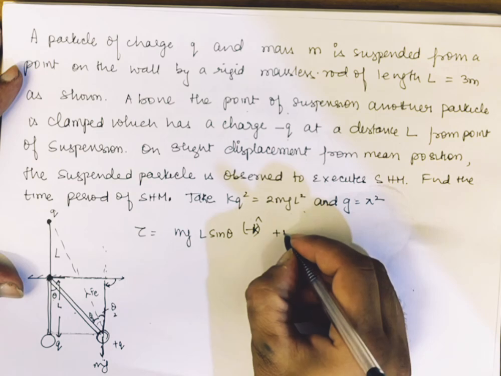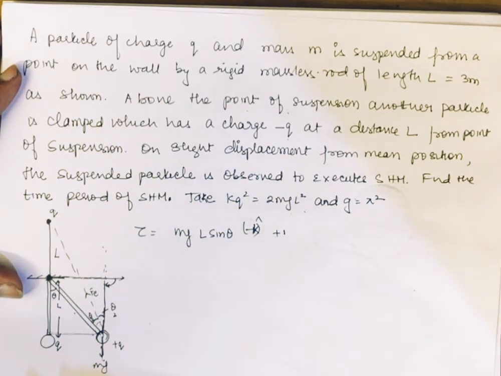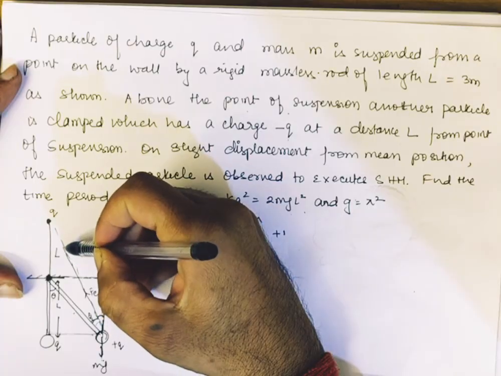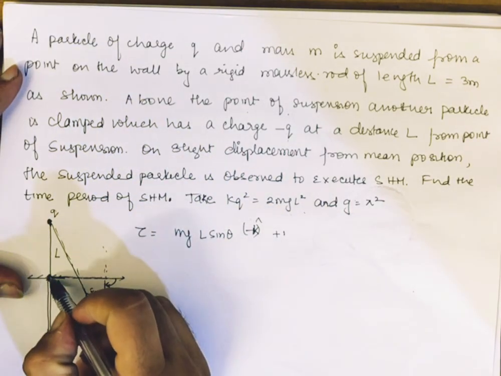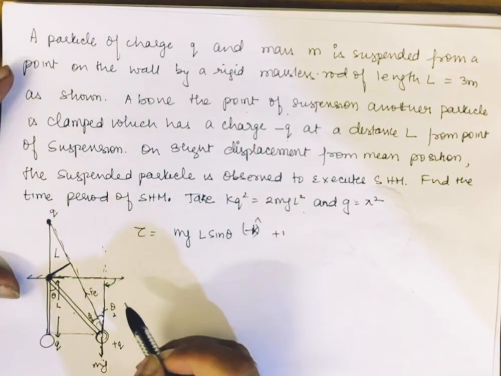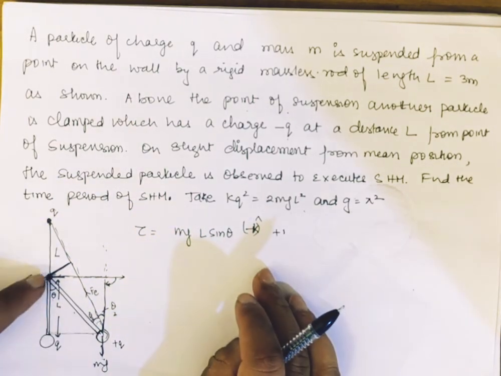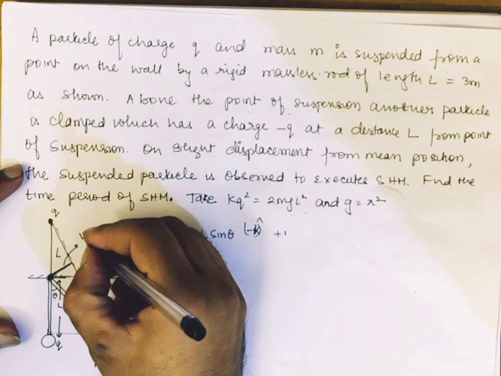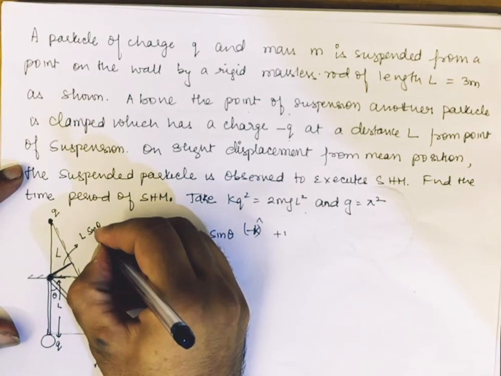Now the next force is the electrostatic force, which is going in this direction. Can you see that? Now this is the force, and I need to take the perpendicular distance from the hinged point to the line of action of the force, this line. So if this is L, and this is theta by 2, this line becomes L sine theta by 2.